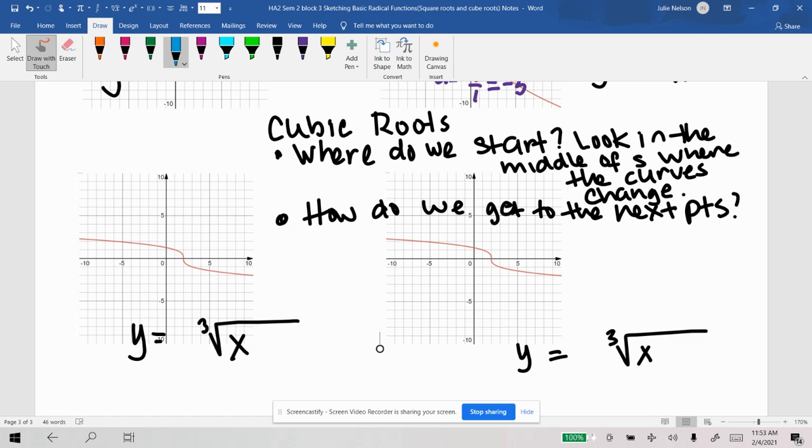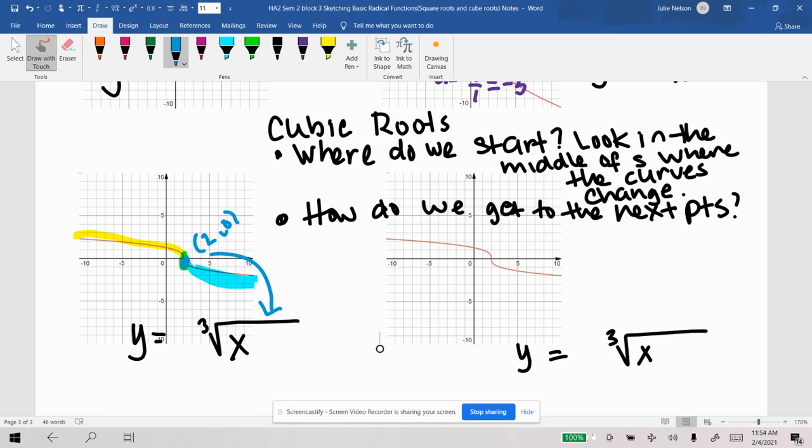So I'm looking for, if I were to follow the left of this curve and I would follow all the way down, notice it kind of changes right here before it goes down to the right. It kind of changes right here. Okay. So this right here is at 2, 0.